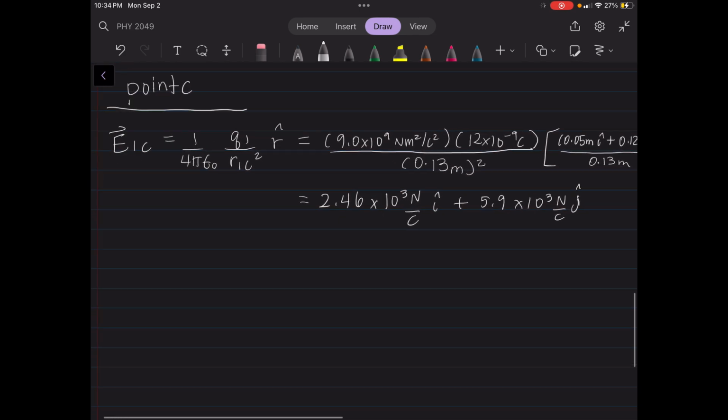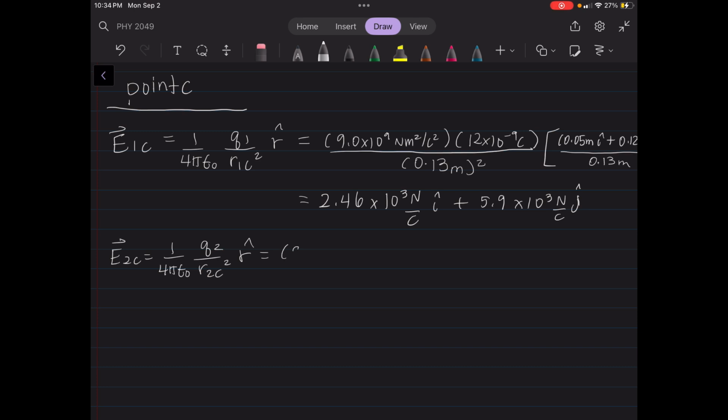So, E2C. I want to churn through the math anyway to show you how to shift the unit vectors conversion.